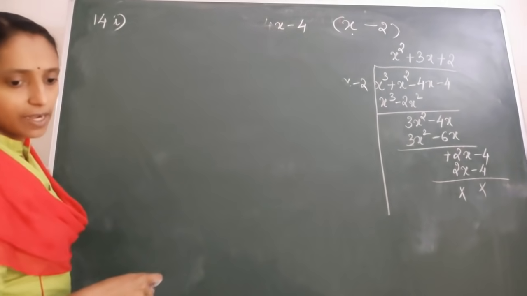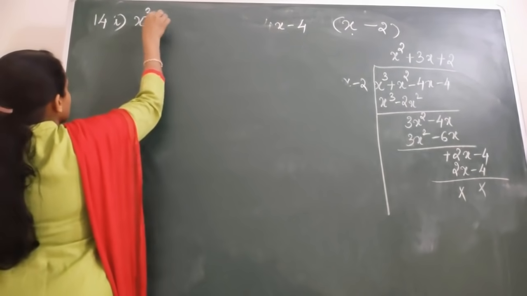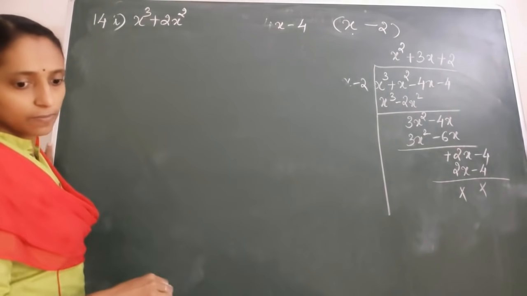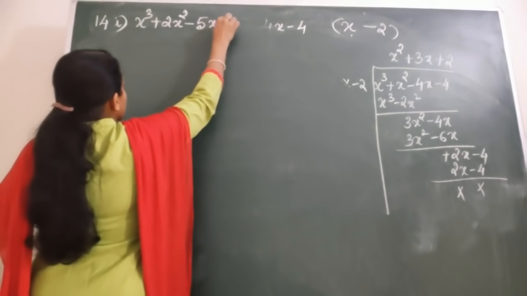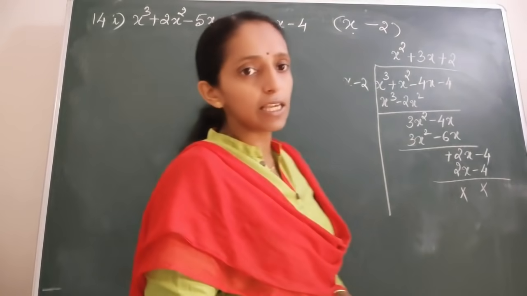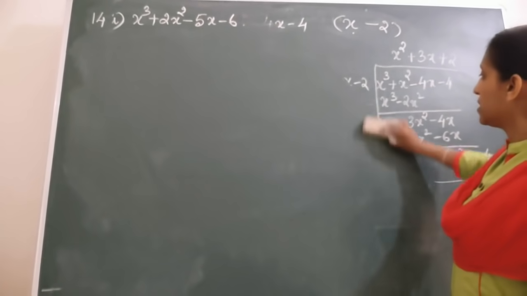That is, given x cube plus 2x square minus 5x minus 6. And there is no factor, no term, nothing given. It is only given to factorize the polynomial completely.